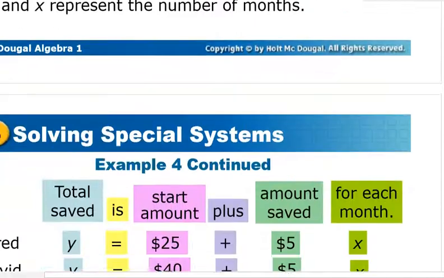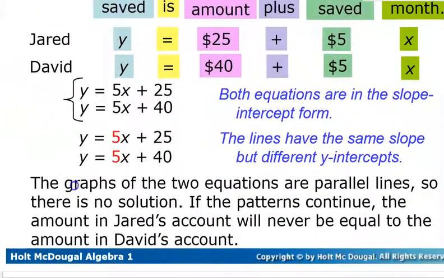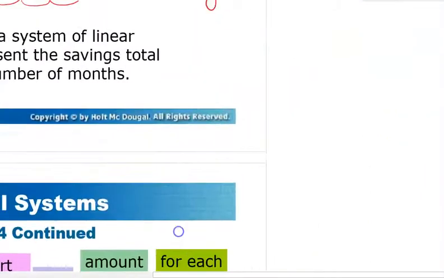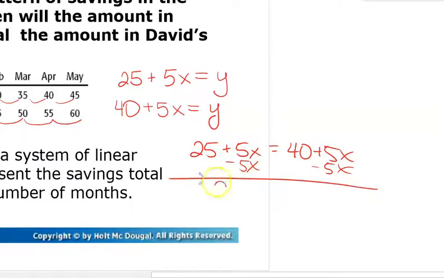But let's solve this algebraically. So here's what they wrote. And if you were to actually solve them, let's set them equal to each other there. So when will they equal each other's amount? And you see I take away the 5x from both sides and suddenly I get 25 equals 40. That's a no-go. 25 does not equal 40, last time I checked.